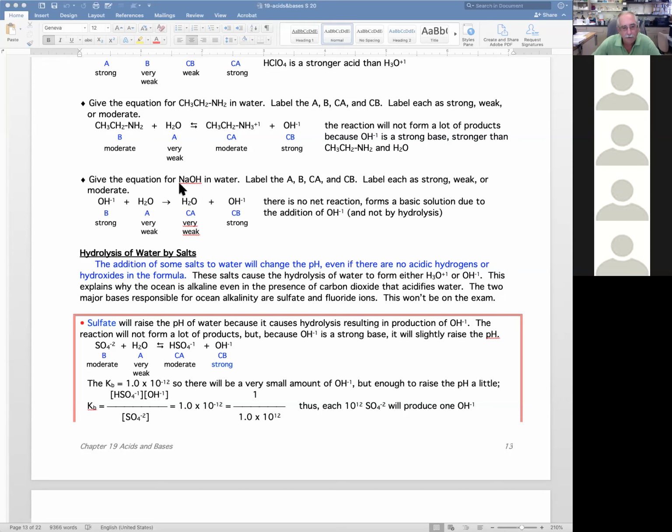So what about sodium hydroxide in water? Okay, I left out the sodium ion, and what we see is there's really no reaction here. You're simply adding hydroxide to the water, and it affects the pH directly.